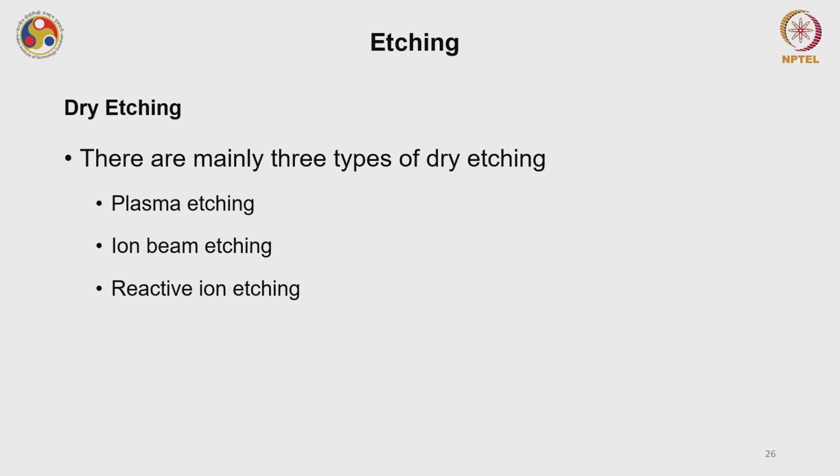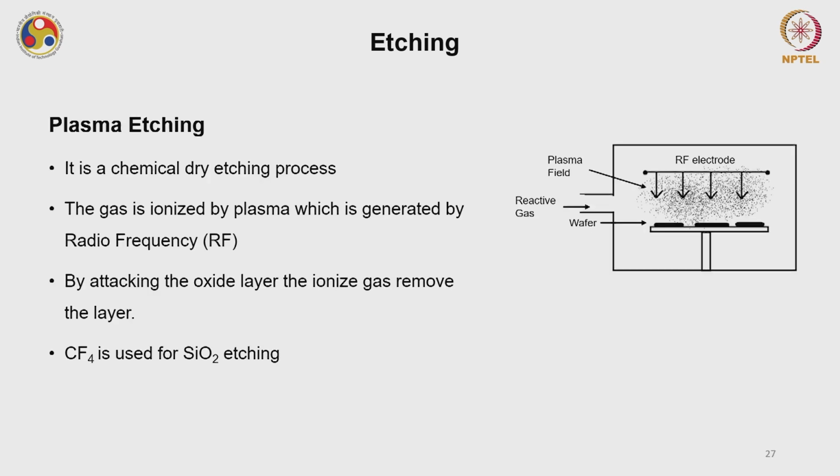There are mainly three types of dry etching: plasma etching, ion beam etching, and reactive ion etching. This is a typical plasma etch process. It is a chemical dry etching process. The gas is ionized by plasma, which is generated by RF.